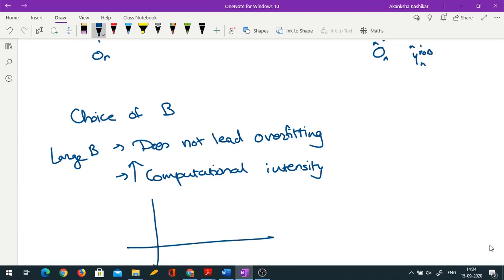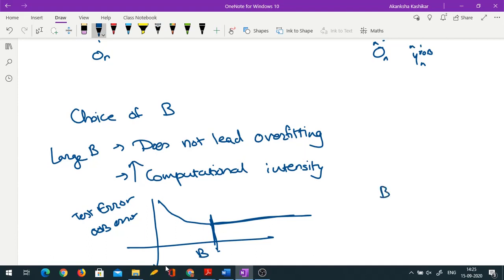What you do is you plot test error, if you have a test set separately, or out of bag error, with respect to B. You try different values of B and plot the test error or out of bag error, and generally the point at which it becomes stable, after which it becomes more or less parallel to the x-axis, can be your ideal value for B.